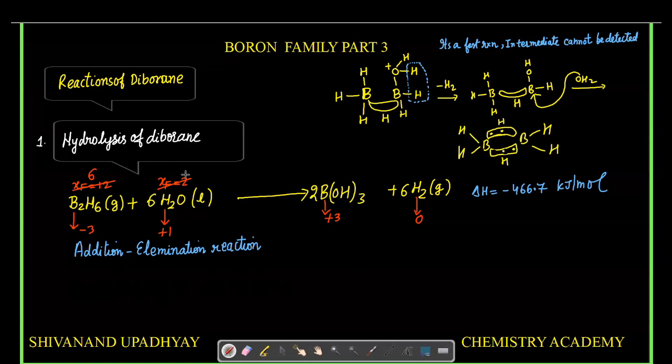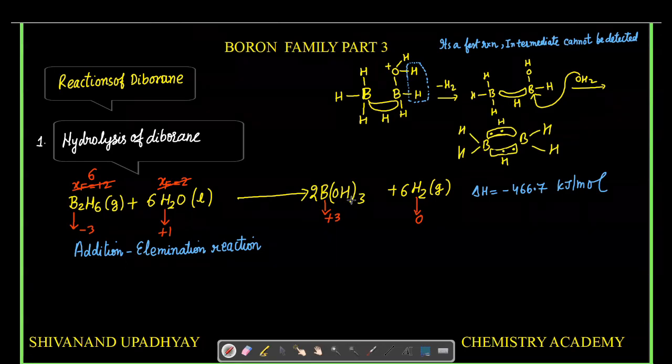So I can remember logically that for one hydrogen atom, when one water molecule will go and attach to it, there is a removal of hydrogen molecule and there is an addition of OH group to this boron atom. There are 3 hydrogen atoms attached to this boron atom. So finally this boron atom is attached with 3 OH group and there is removal of 3 hydrogen molecules corresponding to that, right? And same way for this.